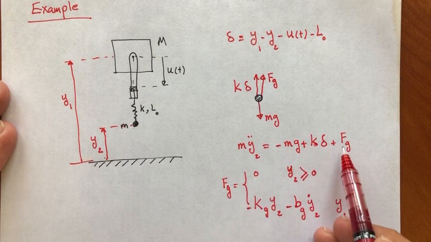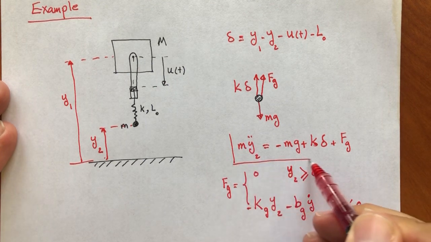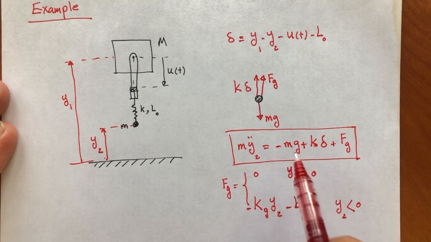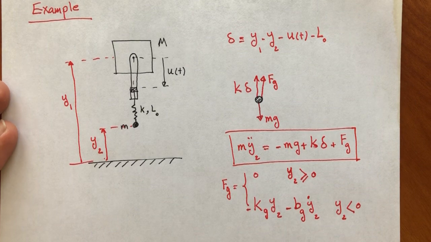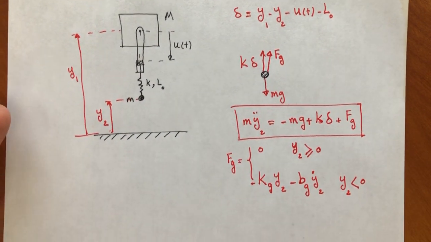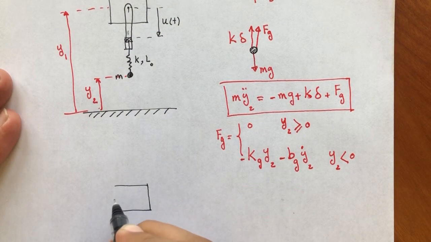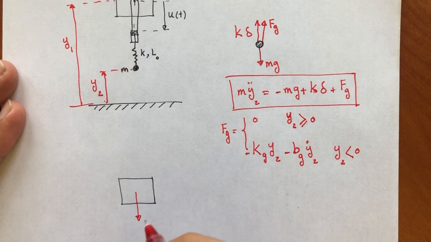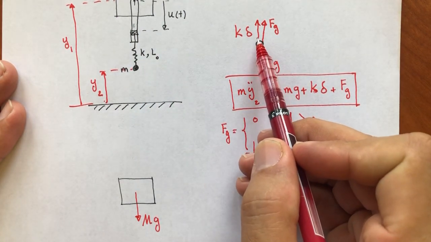So this is going to be the equation for the first mass, and it is in the form that we want for the simulation, right? y2 double dot is a function of y1, y2, and also the input. So we have everything here. And we can write the same thing for the bigger mass. If I want to draw the free body diagram for the body of the robot, we have gravitational force, and also we have force from the spring, which is going to be the reaction of this force.